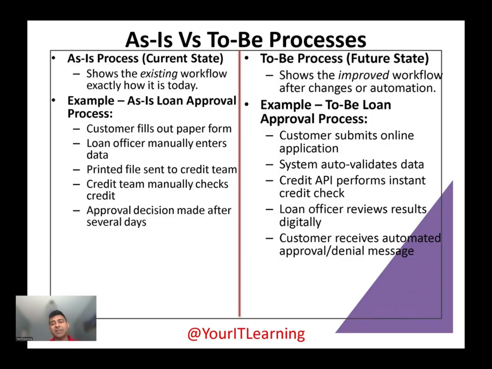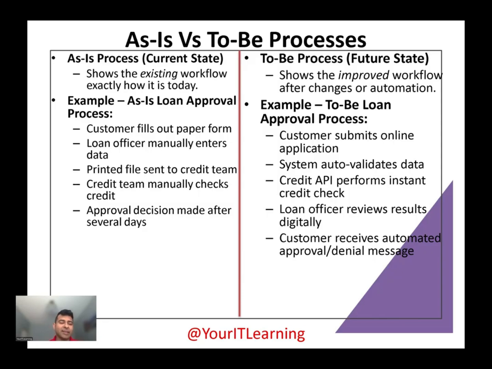Now the system sends everything and auto-validates the data, with no need to enter it manually. A credit API performs an instant credit check. The loan officer reviews the result digitally. The customer receives an automated approval or denial message within a couple of days, not several days. So this is the example of as-is versus to-be process.